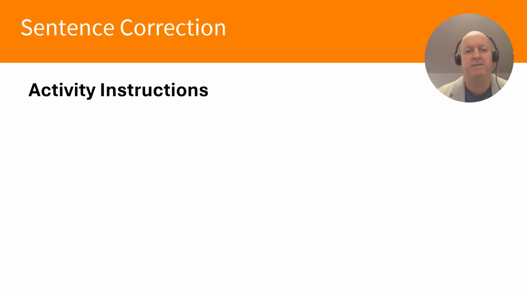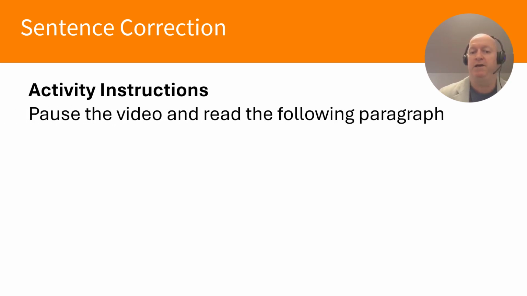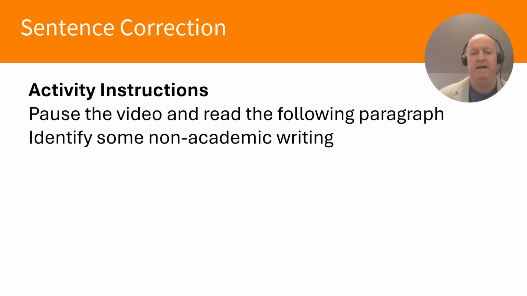Okay, so let's try a bit of an activity here. What I'm going to do is show you a paragraph. What I'd like you to do is pause the video when you see the paragraph in the next slide and read through it. Then identify some non-academic writing. I think there's about 10, so there's a fair few that you should be able to identify.